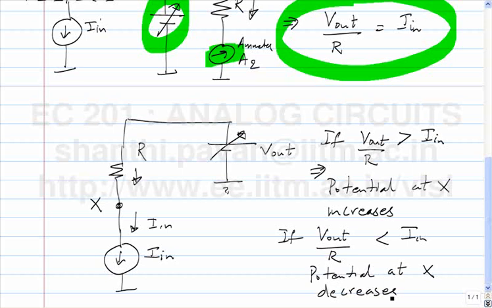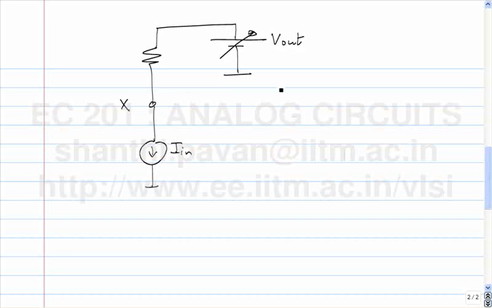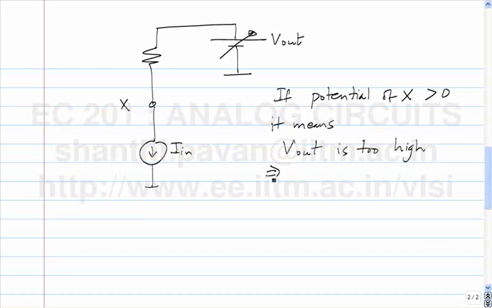So instead of having two ammeters, I could do the same thing with one voltmeter. If I hook the two up like this, then I realize that by monitoring the potential at node X, if the node potential at X is greater than 0, which means V out is too high, which means I must reduce V out.